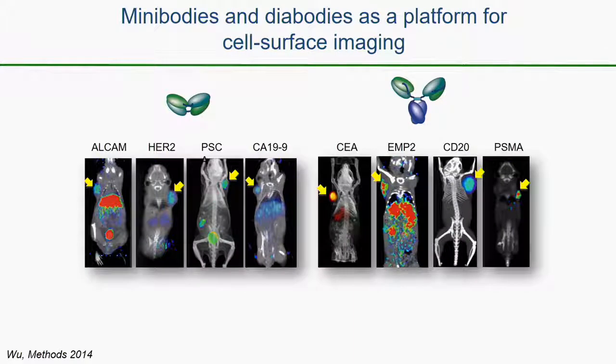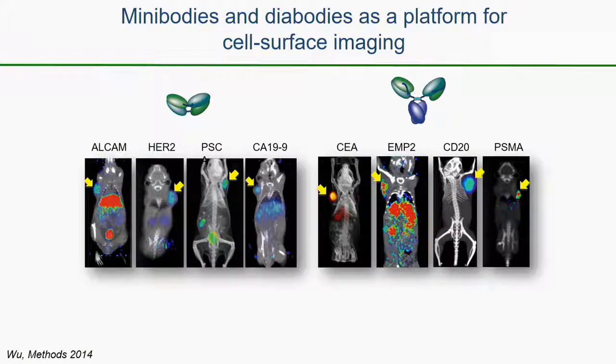Okay. And then this is just to summarize that, and I think really one of the most important features about using antibodies as probes is that they represent a platform that you can use approaches such as these to reformat any antibody of interest into smaller fragments, and you can pick and choose your PET radionuclide and your labeling method to generate a variety of immuno-PET reagents.